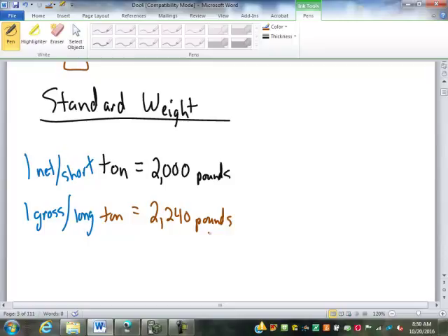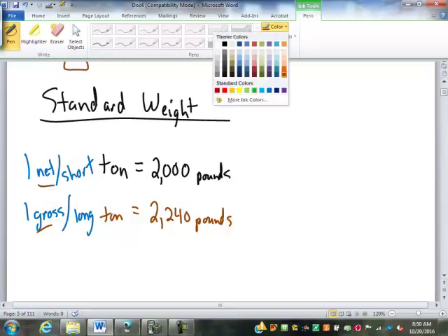So if you were measuring the grain in its container, it was a gross ton, 2,240 pounds. Without the container, it netted 2,000 pounds. Think of your paycheck. If you work for 40 hours and you earn $12 an hour, you've earned $480, 12 times 40. That would be your gross. That's the full amount. Did you get 480 bucks? No, they take out taxes and all sorts of other stuff. You might get $300 out of that 480. That would be the net, the amount you actually get.